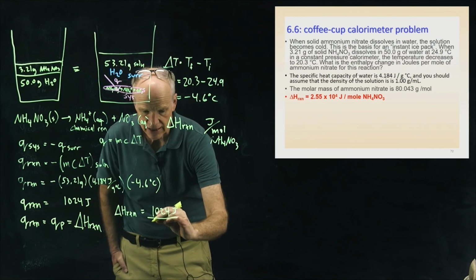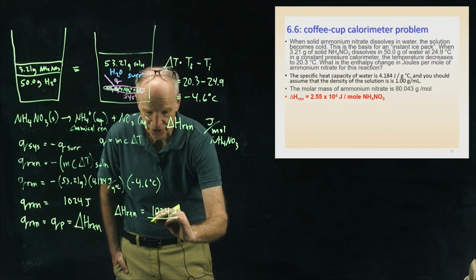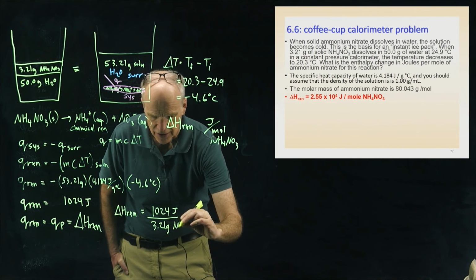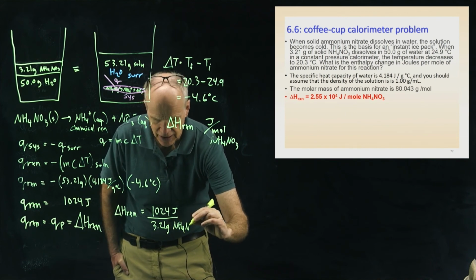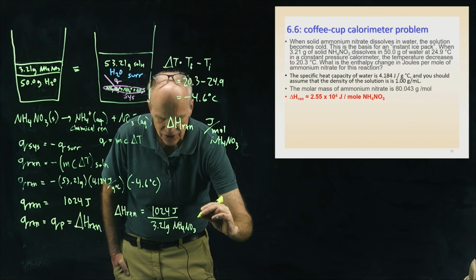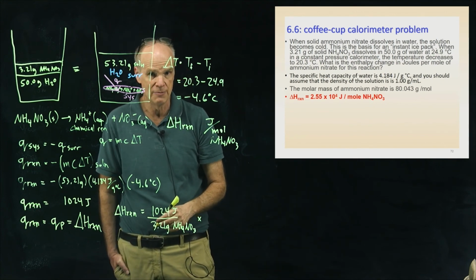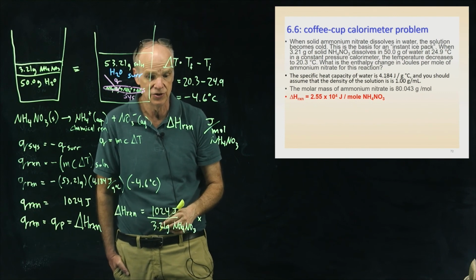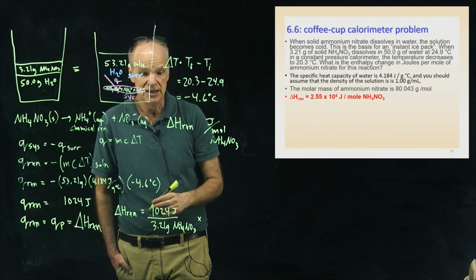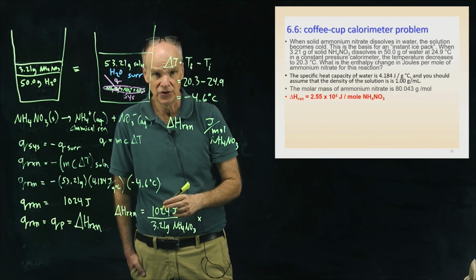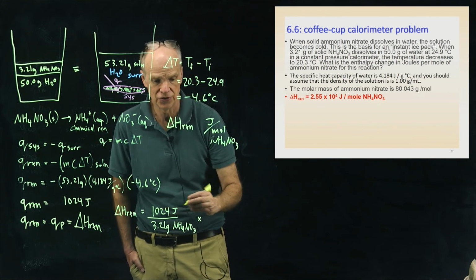And so we can write here, well, it's 1024 joules per 3.21 grams of ammonium nitrate. Now, what we can do is use this fraction and multiply it by the molar mass of ammonium nitrate, and I think what you'll see is that the grams of ammonium nitrate will cancel, and we're left with an answer in joules per mole. So let's go ahead and do that.